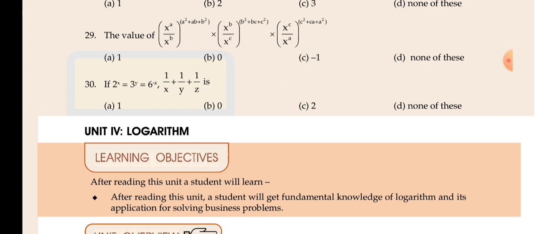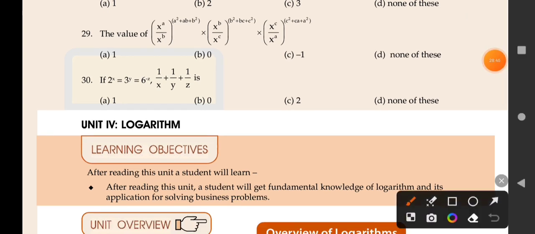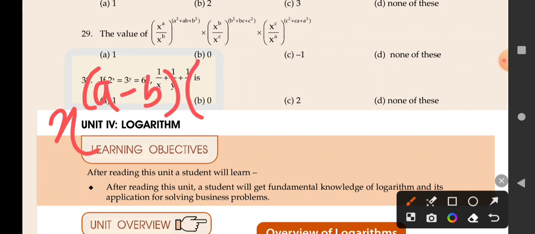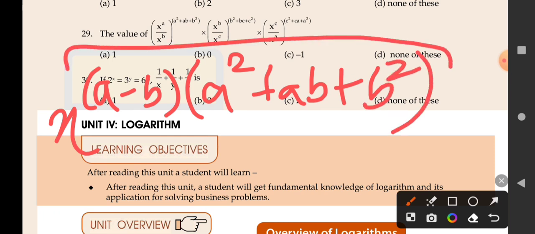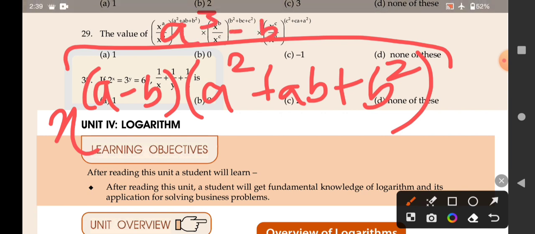Question number 29. Again, we have similar terms. So by solving the first term, we can directly copy paste the other terms. So what do we have in the first term? X power a minus b into a square plus ab plus b square. Which formula is this? This is the a cube minus b cube formula.